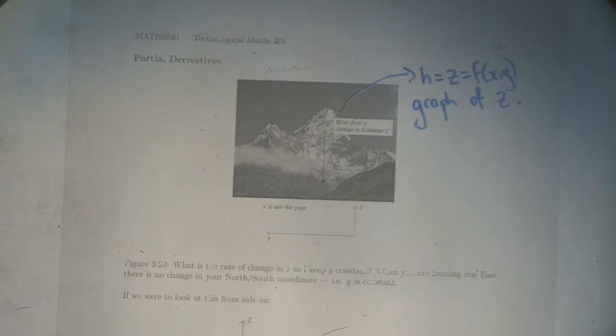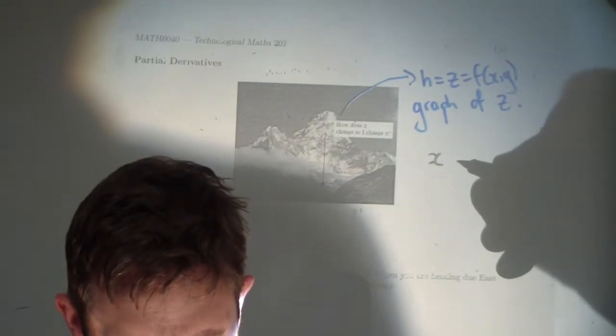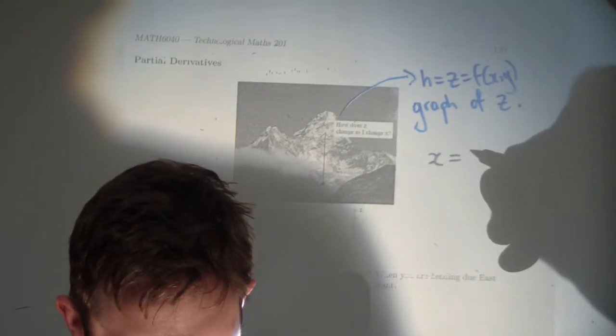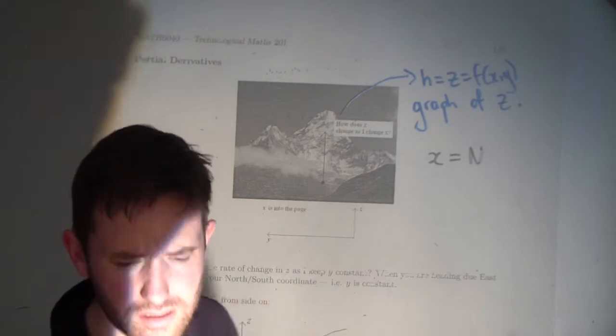Now, we'll put a bit of analogy into this, in that we'll say x goes into the page. So that's north. So x, more or less, well, x plus anyway, is north. And as you look at it, y is west.